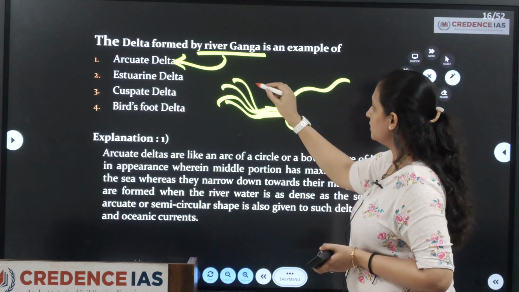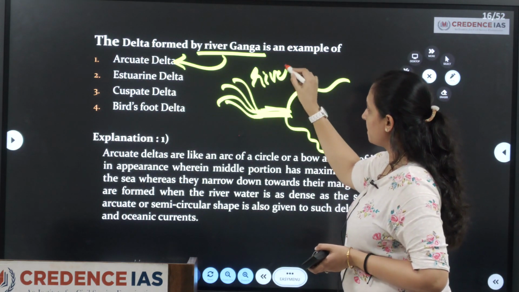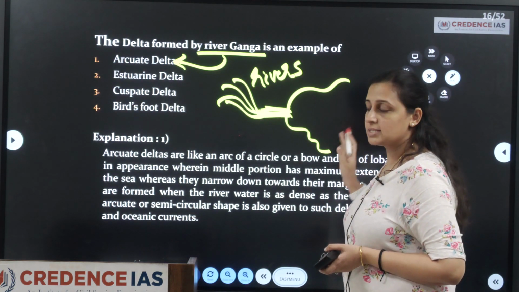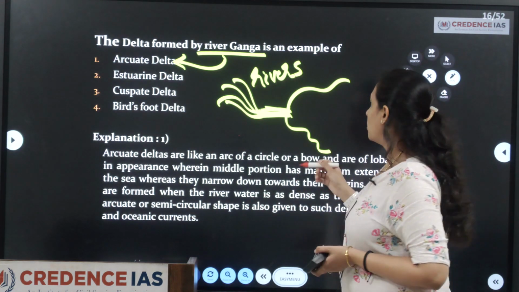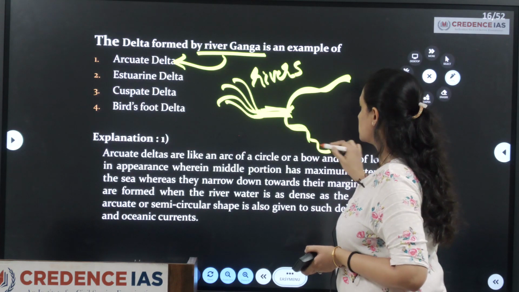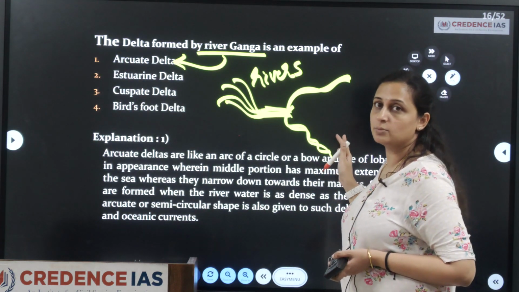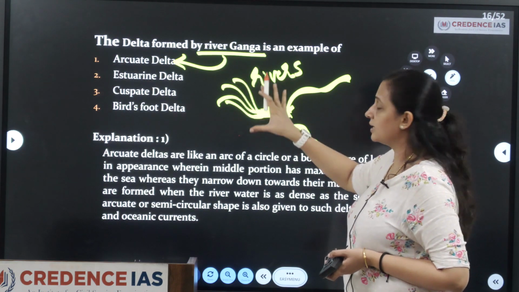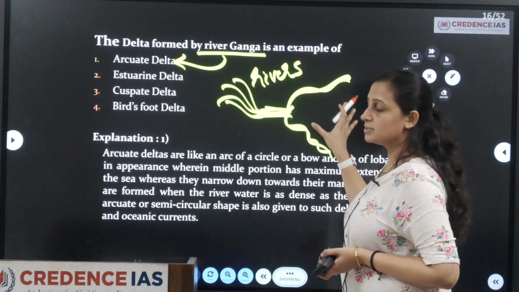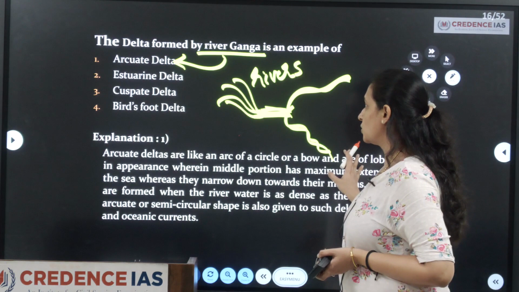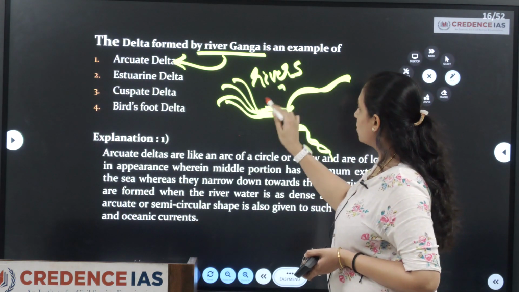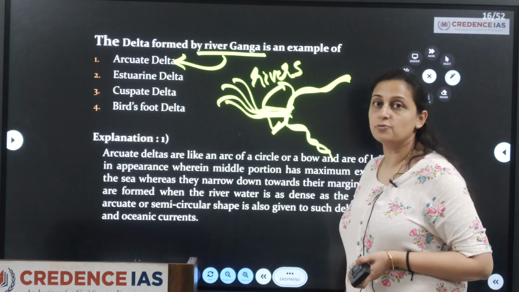For example, rivers can join bigger lakes like the Caspian Sea, or seas and oceans. They are stagnant water bodies compared to rivers. So these fast flowing rivers join the stagnant water bodies like lakes, seas and oceans. The region formed by it is called a delta.